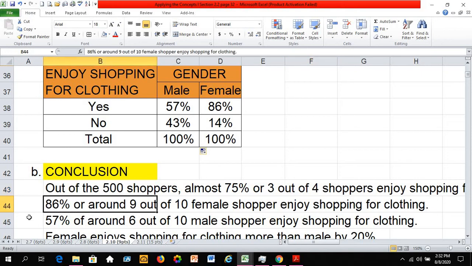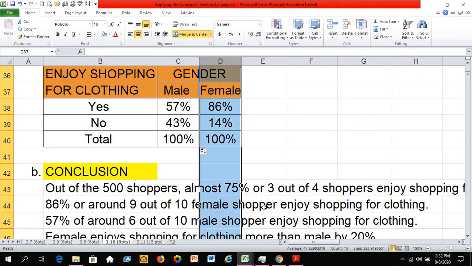Another conclusion, 86% or around 9 out of 10 female shoppers enjoy shopping for clothing. Where did I take this conclusion? From this table. So 86 out of 100, roughly 9 out of 10 or 90 out of 100, simplified, 9 out of 10 female shoppers, I'm talking about the gender, enjoy shopping for clothing.